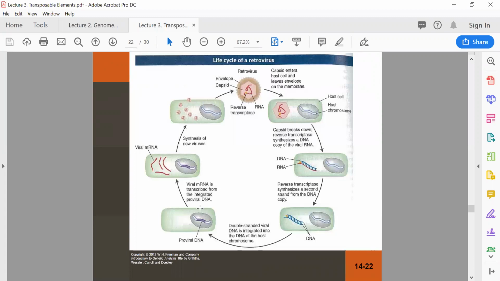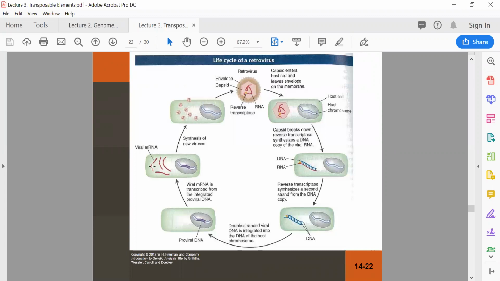And this is why we say that viruses tend to hijack the molecular machinery of the cells that they infect, because they're basically forcing the cell to transcribe the viral genes. So here we have transcription of the proviral DNA into viral messenger RNA.